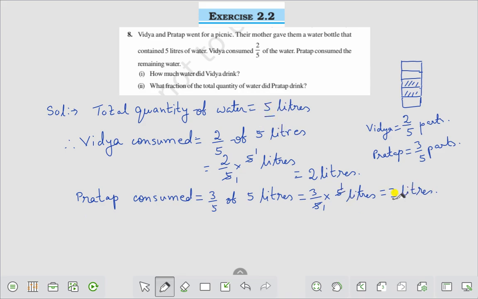Therefore, you can say that 3 by 5 of the total quantity. Therefore, Pratap drank 3 by 5 of the total quantity of water.